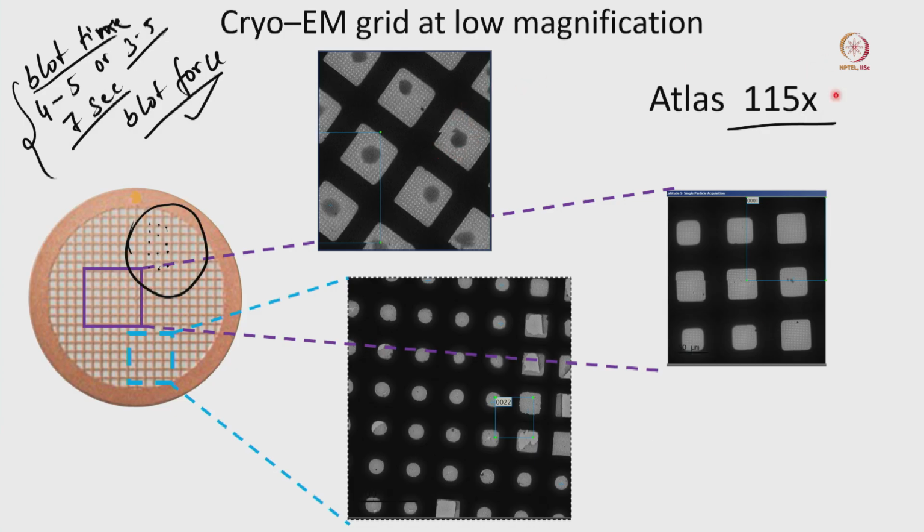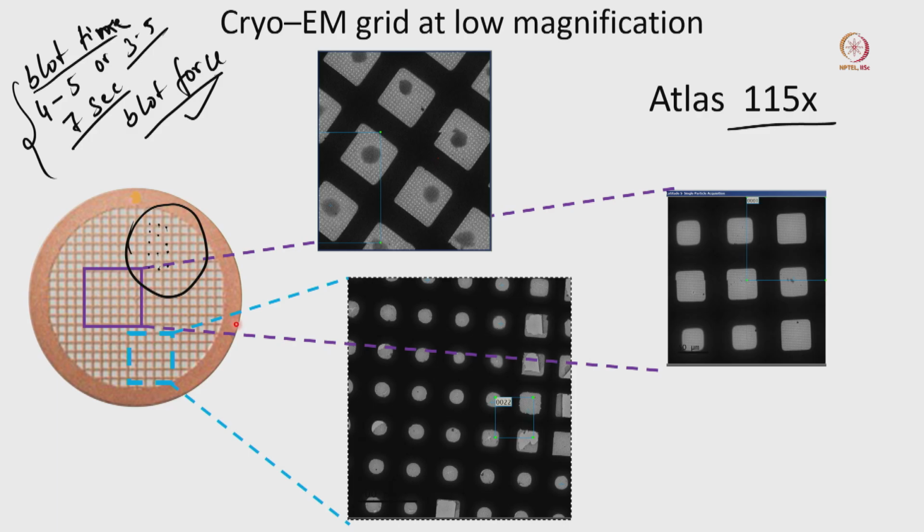Whenever we insert a grid inside the microscope, at very low magnification we will screen this entire grid at different positions, and try to figure out where we have the better squares, and based on that we can plan next. In this particular grid, I already showed you this area, there is a lot of broken and thick ice.